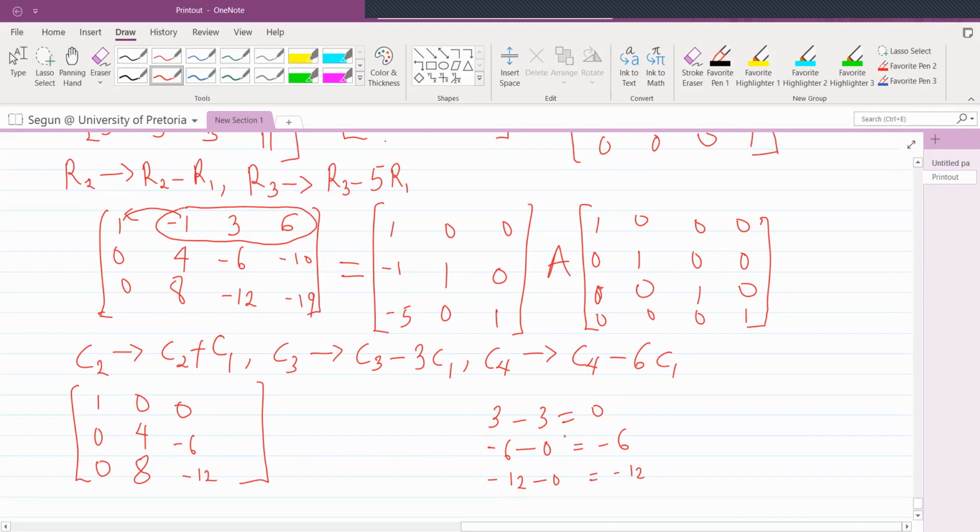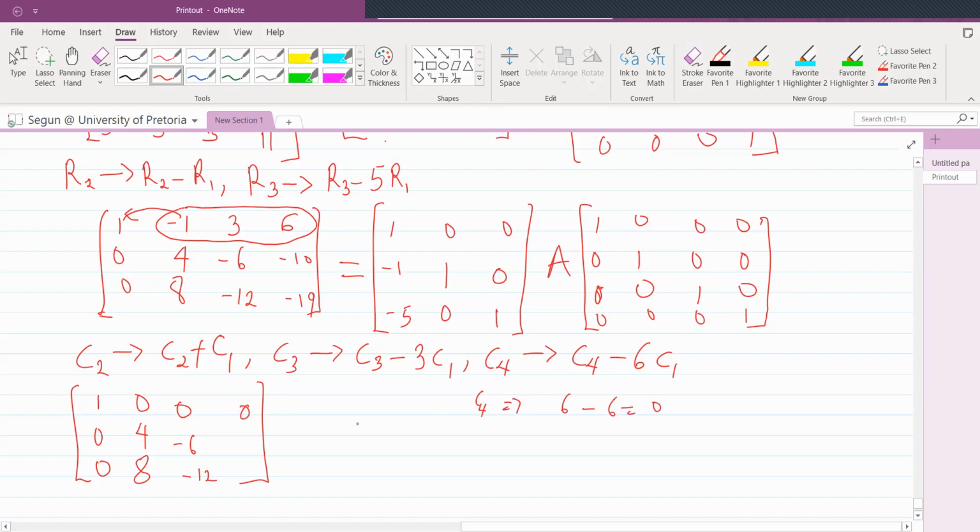You do the same thing to C4. For C4, we have 6 minus 6 times C1. 6 times 1, 6 minus 6 is 0.